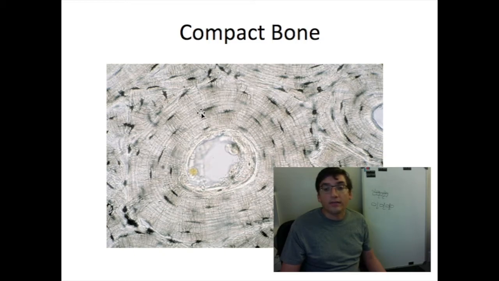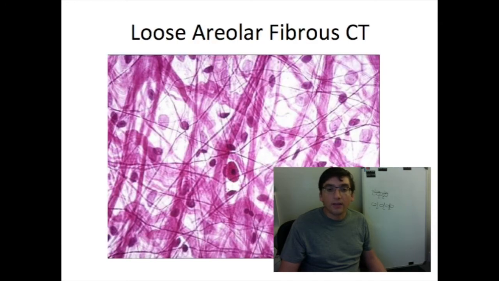So all of that makes this hard, solid material. Then in the very middle, this central canal here is a blood vessel that helps provide nourishment to these cells and helps regenerate the bone as it wears down so that your bones stay healthy and strong all the time, as long as you're eating enough food so that your bones stay healthy.